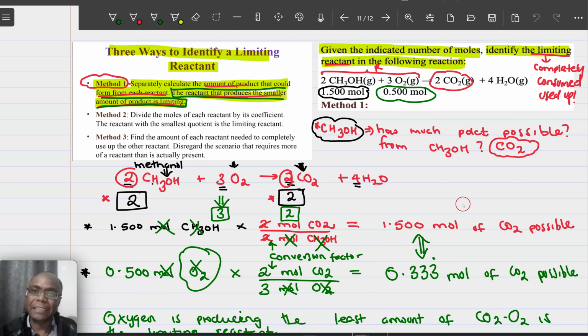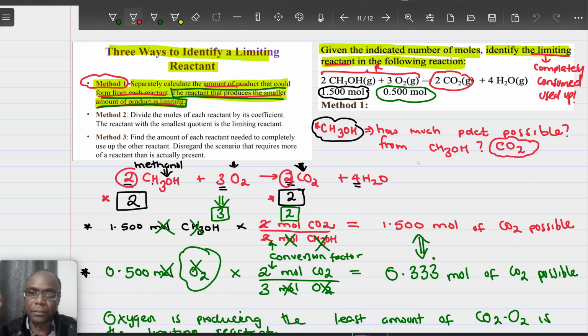So that is the advantage of method 1. You see how method 1 says separately calculate the amount of product that could be formed from each reactant. That amount of product that could be formed from the limiting reactant is what we call the theoretical yield.